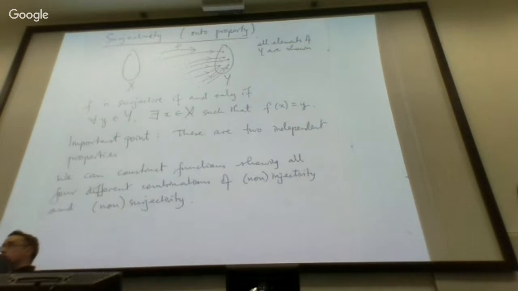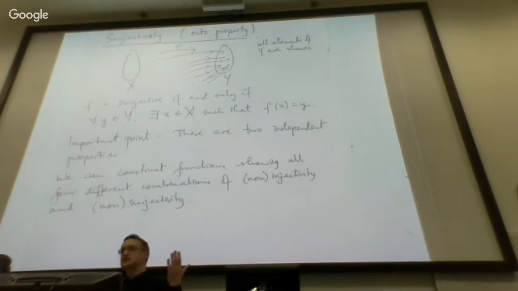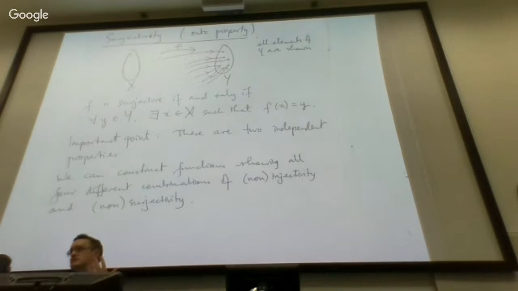When you've got two properties that can be true or false, there's four combinations of them in total. It can be injective and surjective, injective and non-surjective, non-injective and surjective, or non-injective and non-surjective. And that's what I mean to say that they're independent. Being injective doesn't mean you're not surjective, or it doesn't mean you're surjective either.